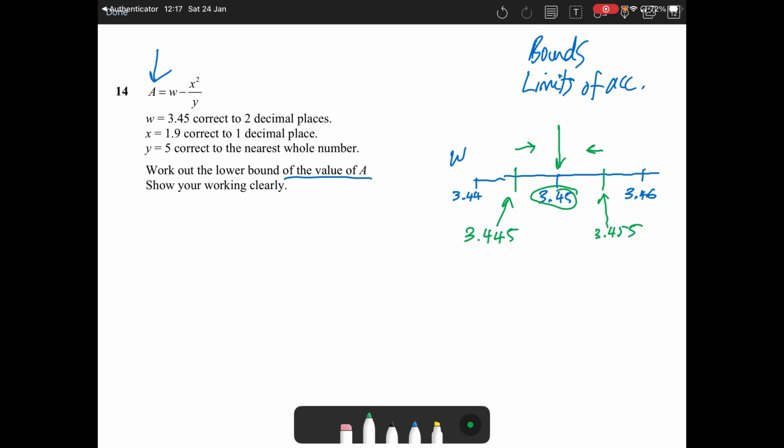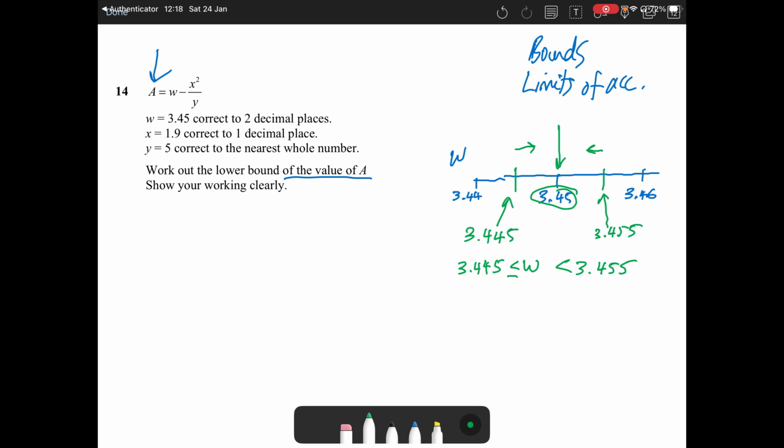So we can write an inequality for W, and we can say that W is either 3.445 or greater, right? Because if it was exactly 3.445, it would go up to 3.45 if you round it to 2dp. If it's any smaller than that, it would round to something smaller, wouldn't it? Now on the right, I'm going to say it's strictly less than 3.455.